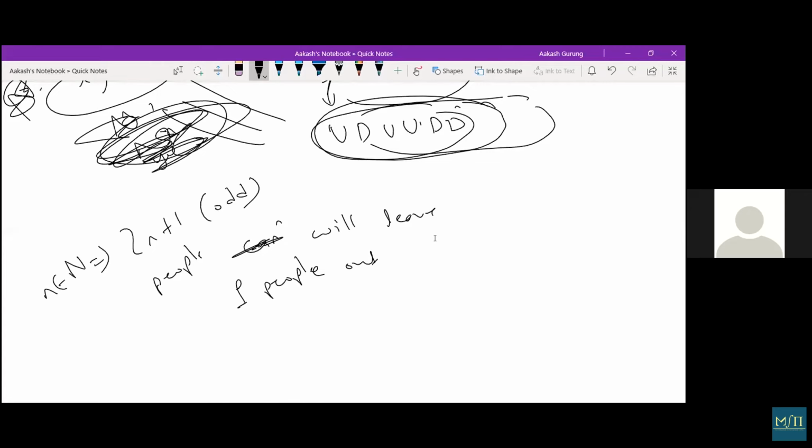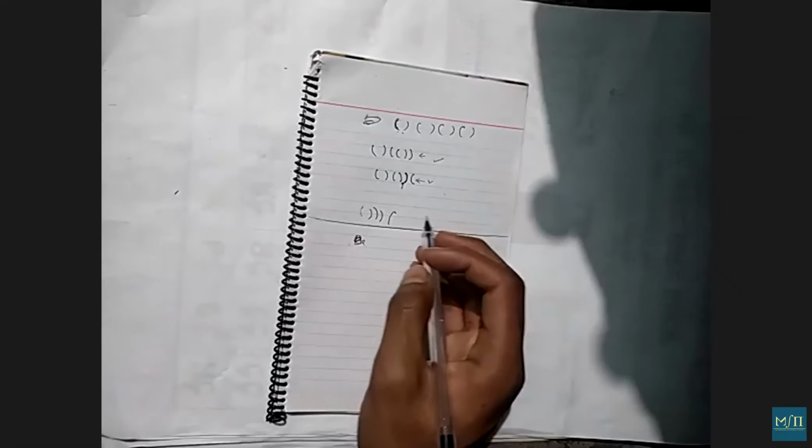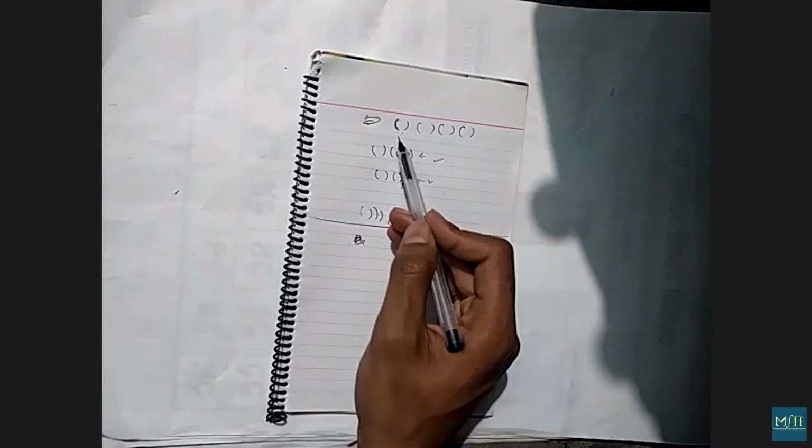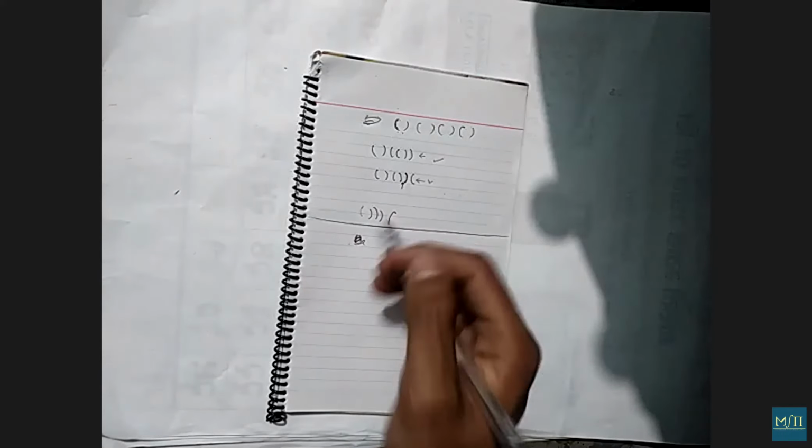The Catalan numbers are defined to be the number of ways to arrange parentheses such that it is a valid arrangement.